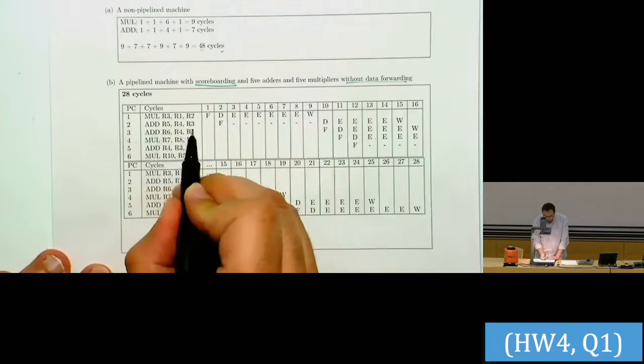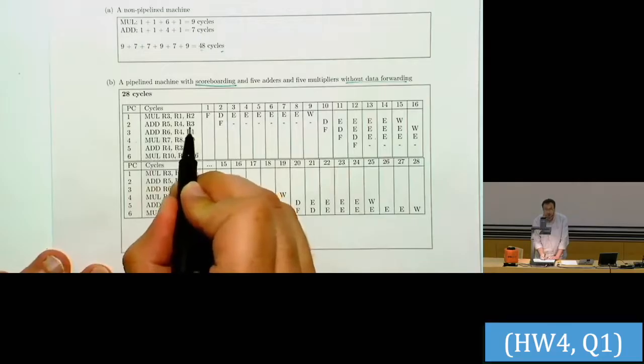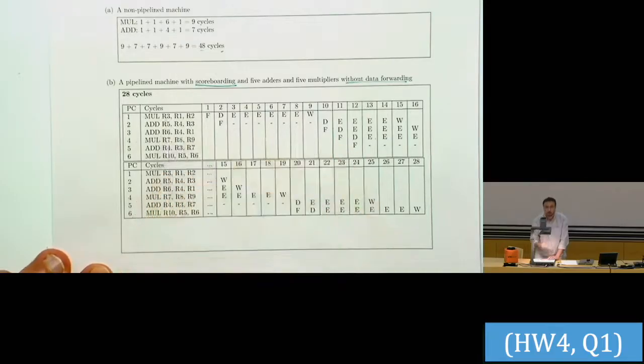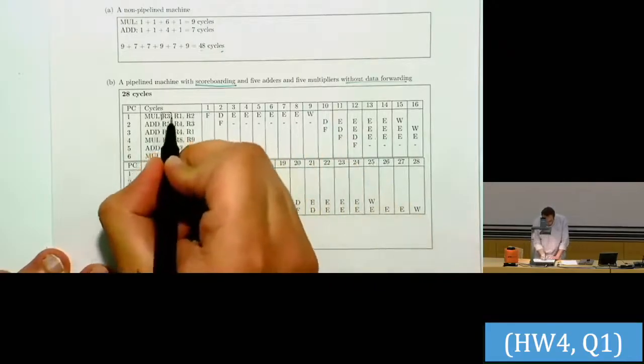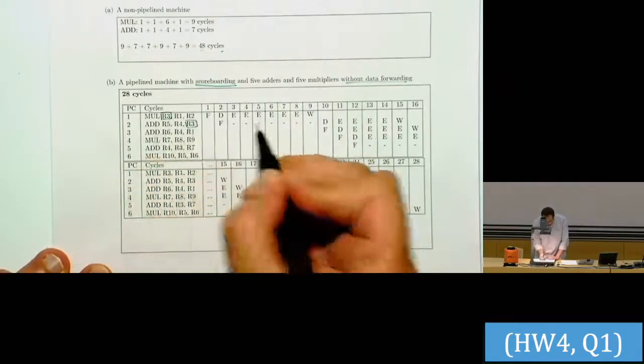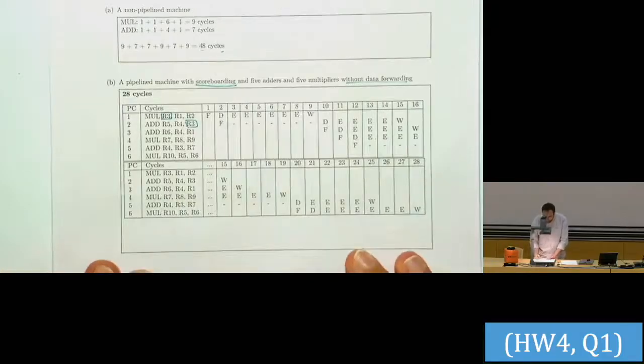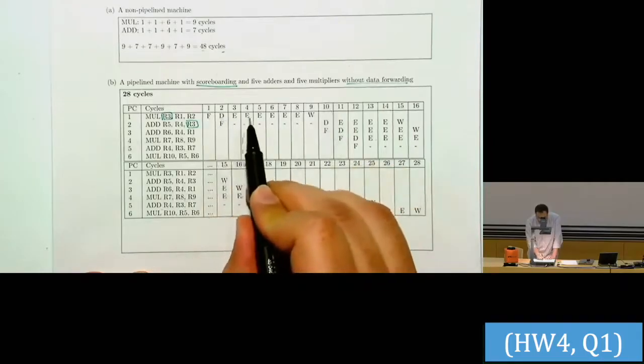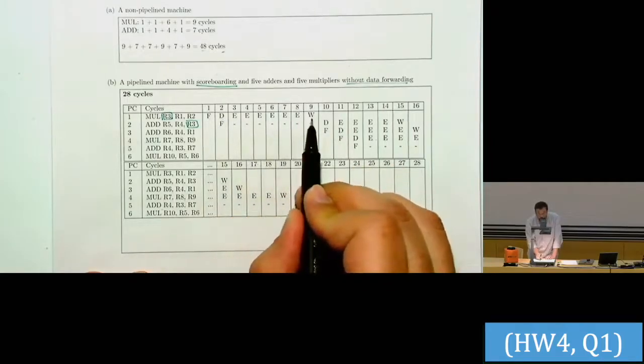And in the second instruction, you need the value of R3. So the second instruction has to wait for the first instruction to complete and write back the results to the register file. I can mark this data dependency here. The mul gets in, fetch, decode, and then it has 6 cycles of execution and then writes back.